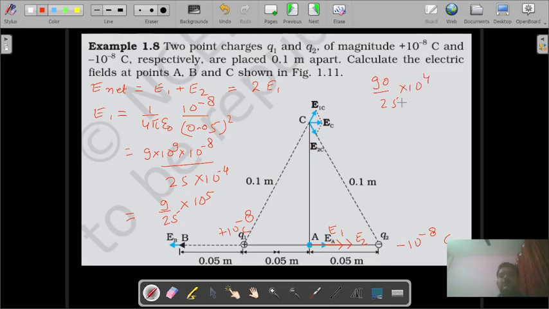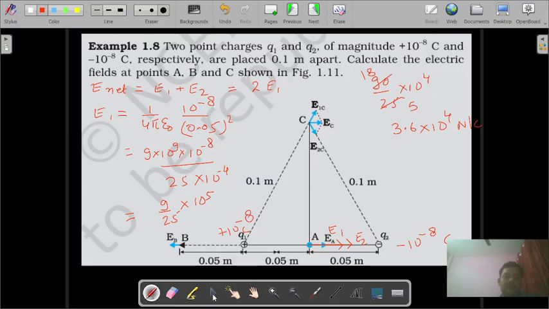So 90 over 25, it gets cancelled with 5. 5 5s are 25 and 5 18s are 90. Now you can cancel this and you obtain the net electric field. So it is 3.6 into 10 to the power 4 Newton per Coulomb. In the same way, we'll find out the electric field at the point C.